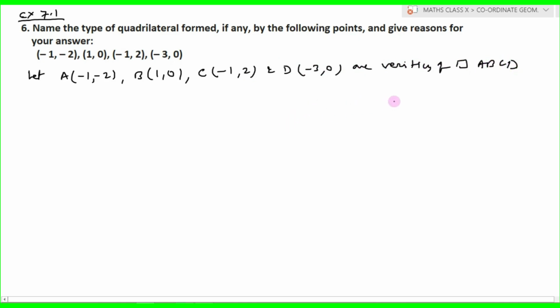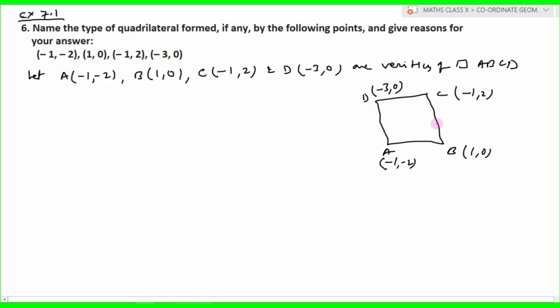Okay, so we have the 4 vertices. See the figure. Draw any type of quadrilateral. We don't know what type of figure it is. So simply write the quadrilateral ABCD, and write the coordinates beside it. It will be helpful for you to put the values by using the figure. So here A we got -1, -2. B coordinate is 1, 0, C coordinate is -1, 2, and D coordinate is -3, 0.